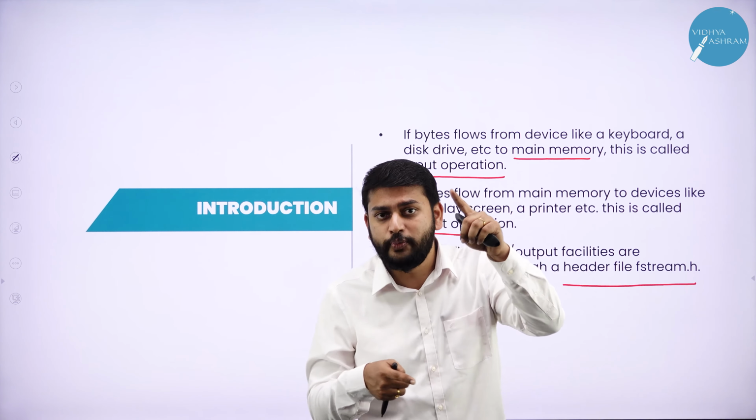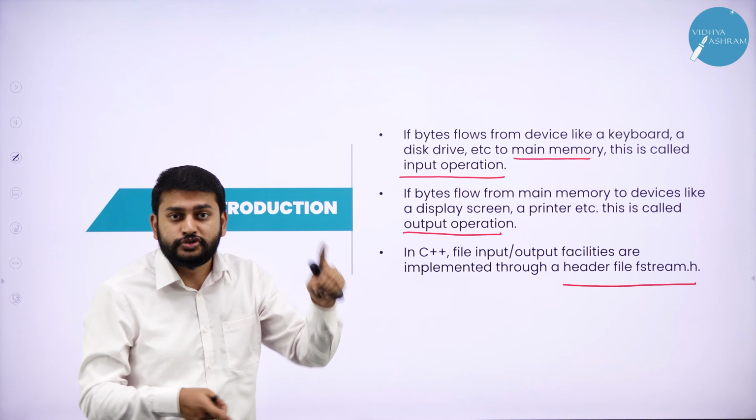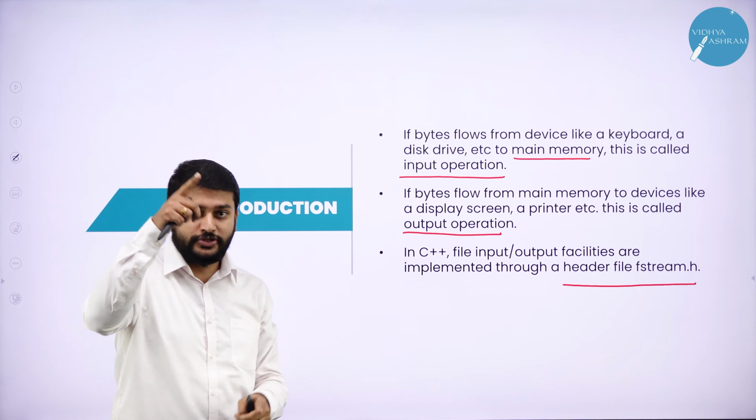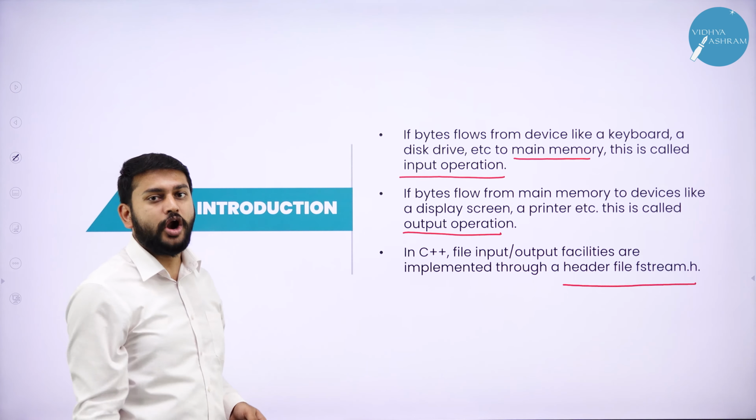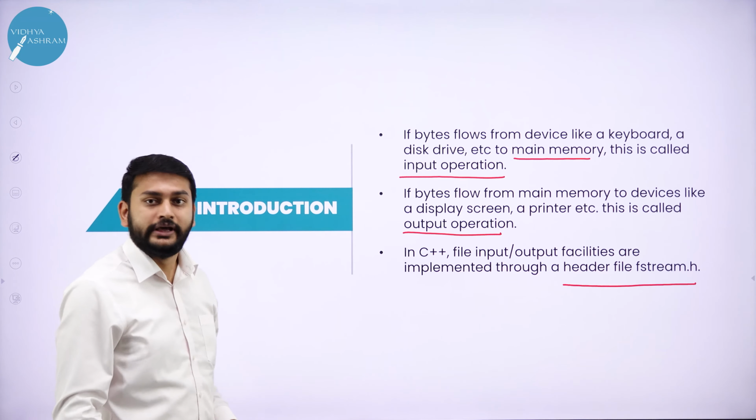This you will call an output operation, and the other you will call an input operation. Input means from keyboard to main memory, output means from memory to output device. This is what you have to remember. For handling this input and output operation in a C++ program, we have the header file fstream.h. 3 points you have to remember.